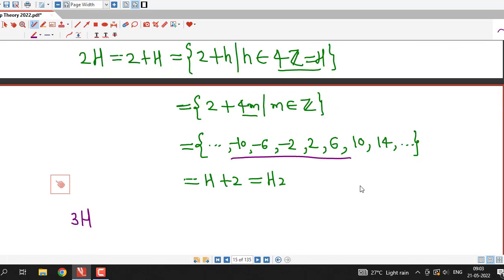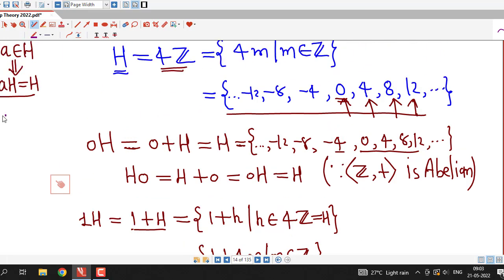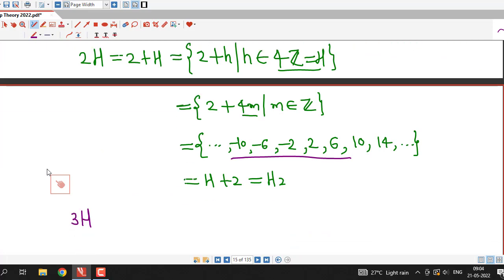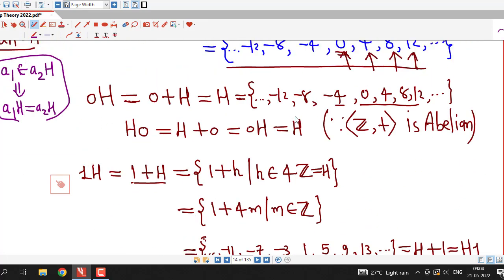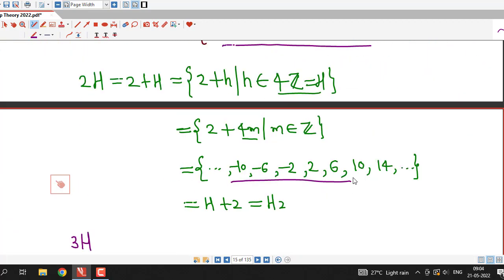We know this property, that if some element A1 belongs to the left coset corresponding to element A2, then the left cosets corresponding to A1 and A2 are equal. This is the reason I am checking whether 3 is present in any of these left cosets or not. So here 3 is not present, here also 3 is absent, here also 3 is absent.